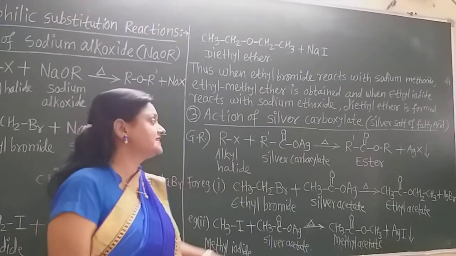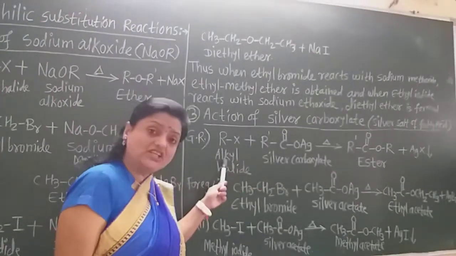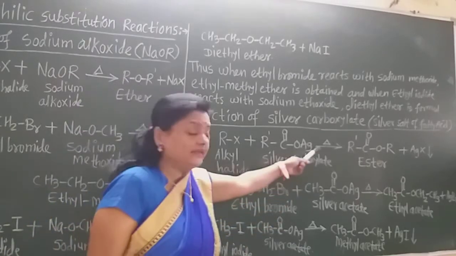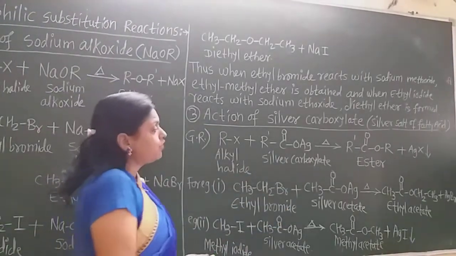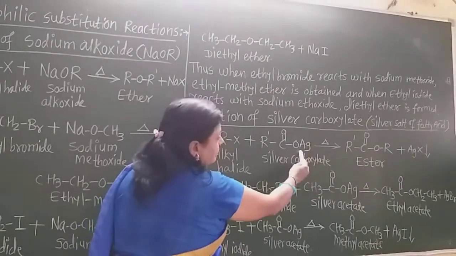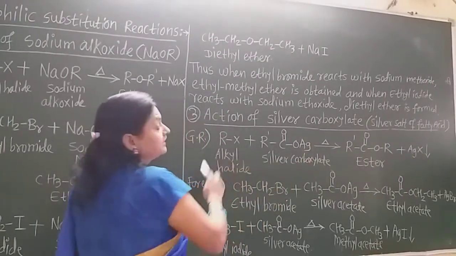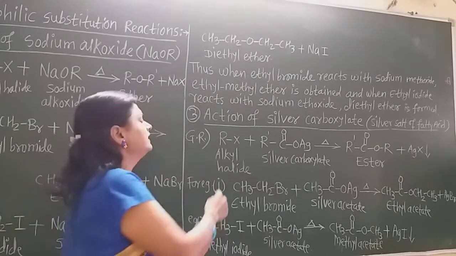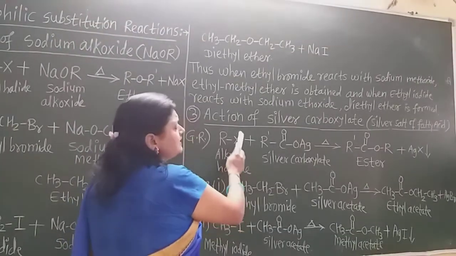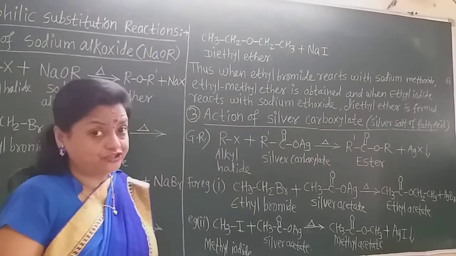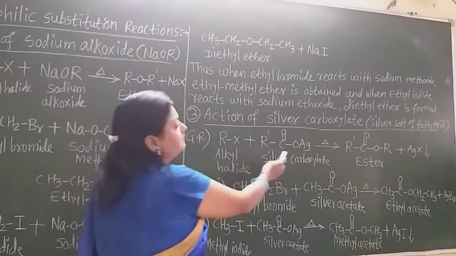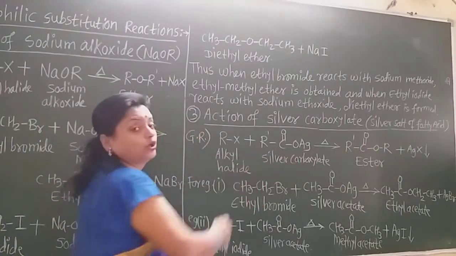So it is the silver salt of fatty acid, or silver salt of carboxylic acid, or silver carboxylate. Now when this silver carboxylate reacts with the alkyl halide on heating, what is obtained? Ester is formed. The halogen is replaced by this carboxylate group.